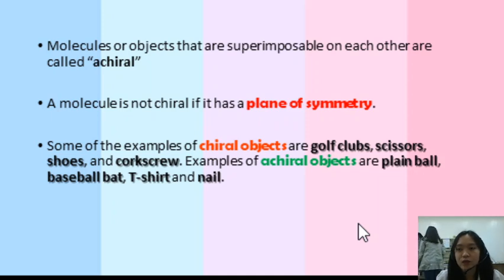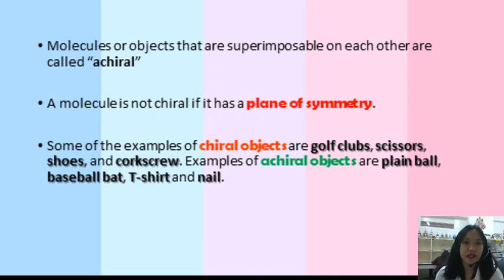Molecules or objects that are superimposable on each other are called achiral. Okay, so when you say superimposable on each other, you call them achiral. A molecule is not chiral if it has a plane of symmetry.